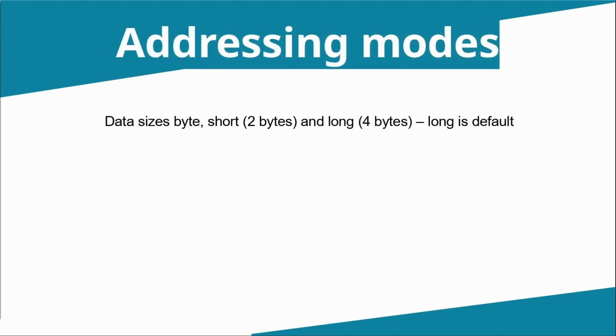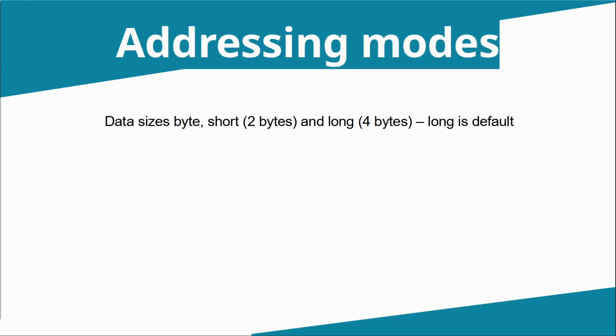What about addressing modes? Well, first of all, data sizes. Through the instructions, we can access a byte, in other words, 8 bits, a short, which is 2 bytes, and a long, that's 4 bytes. So the same kinds of data sizes that you have for the 68000 series CPUs, albeit with perhaps slightly different names.